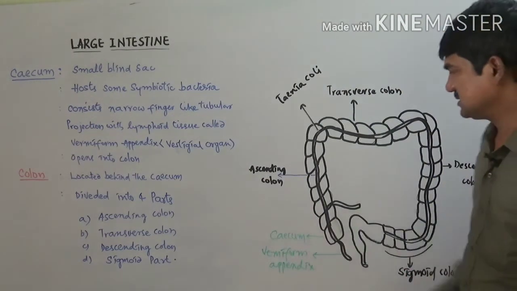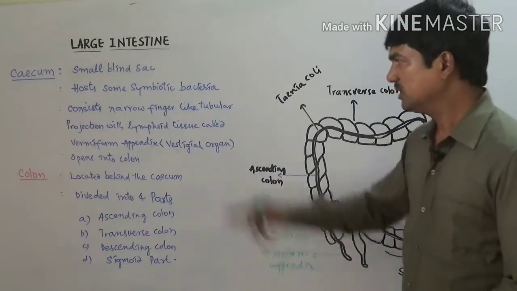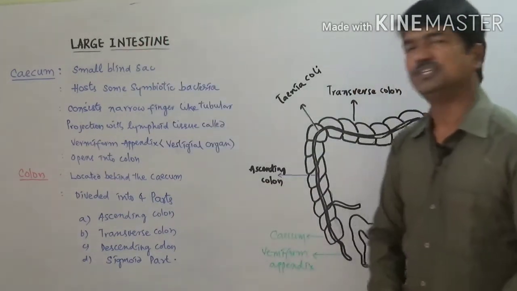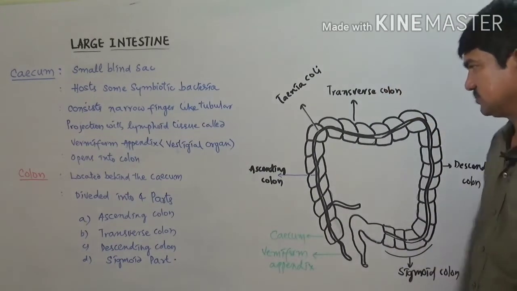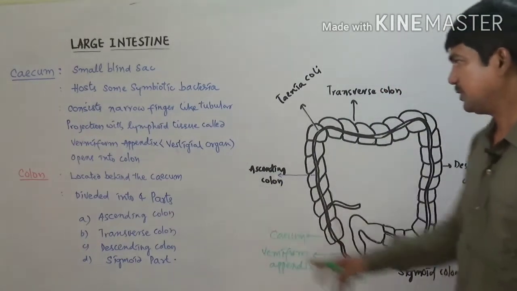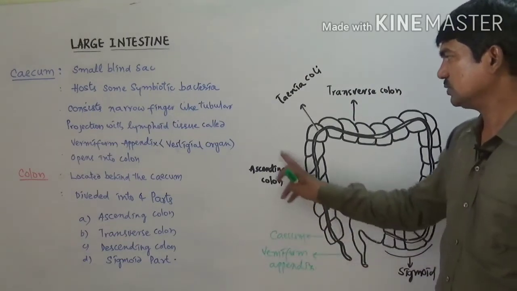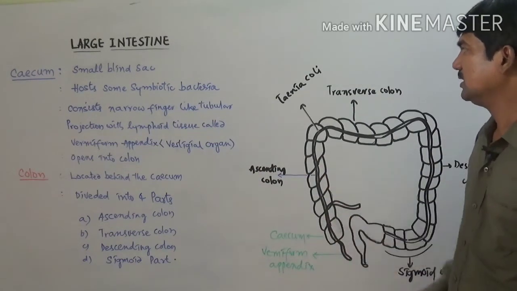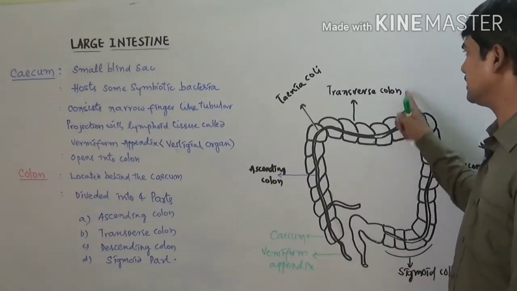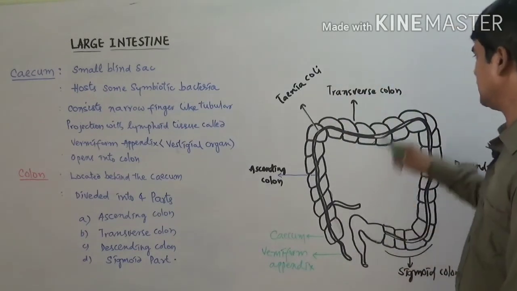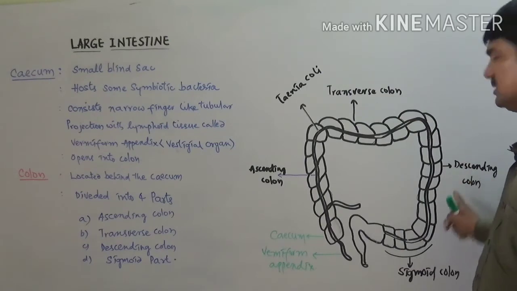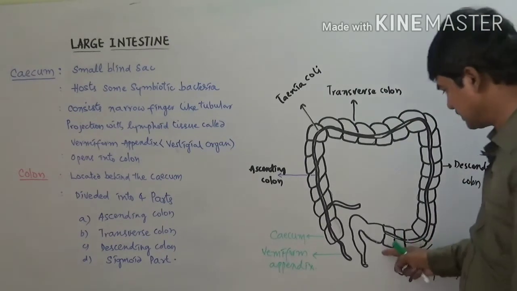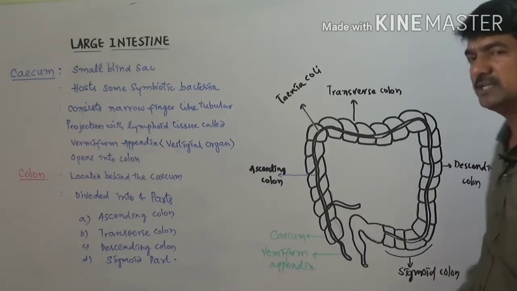And the next part is the colon. The colon is located just behind the cecum region, and it is divided into 4 parts. The first part is known as the ascending colon, the middle part of the colon is known as the transverse colon, the part just behind the transverse colon is called the descending colon, and the fourth, curved part is called the sigmoid colon.